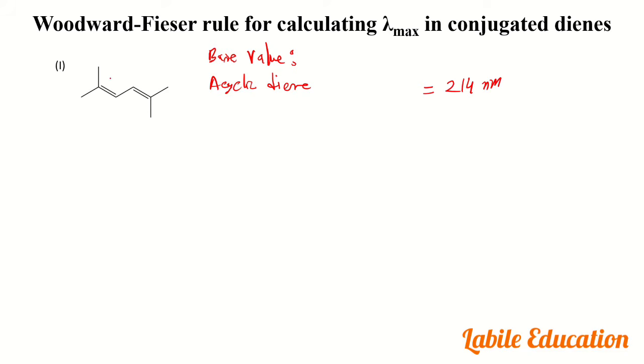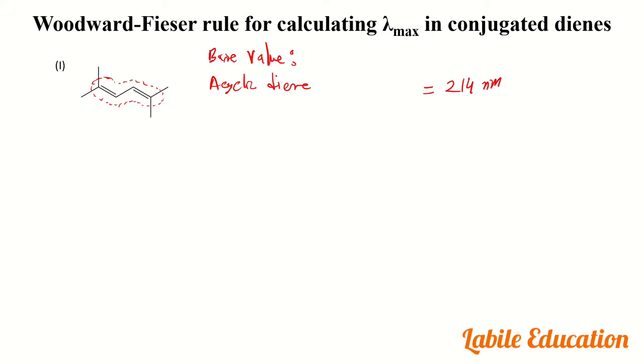Now we will mark this conjugated diene system. Here you can see this is one double bond, second double bond, the conjugated double bond. So this is a diene, acyclic, there is no cycle.